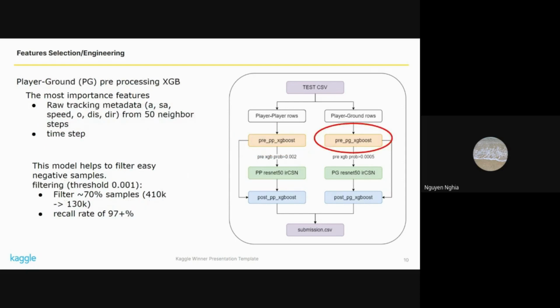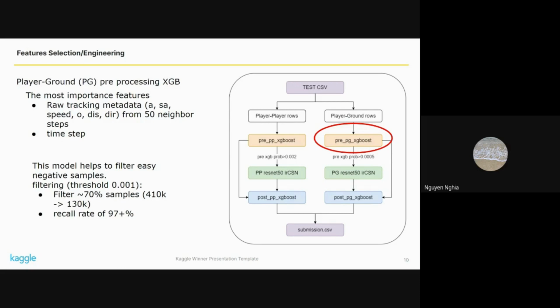And for player-to-ground contacts, the features for the pre-processing HGB model are the raw tracking metadata from 50 neighbor time steps. This model also filters around 70% of samples while keeping over 97% recall rate.